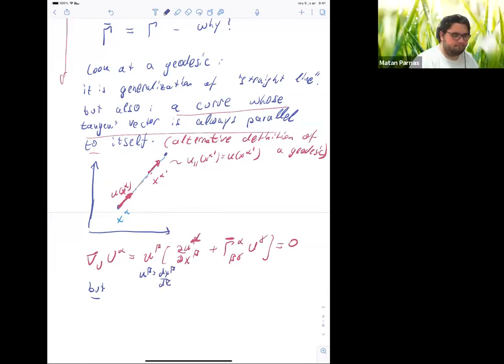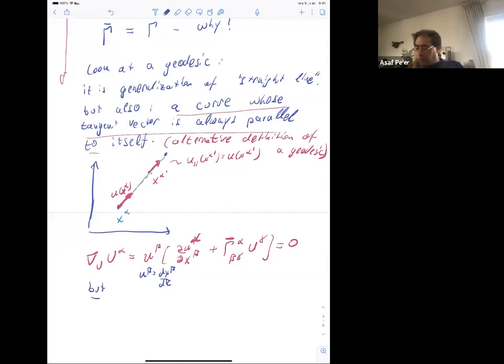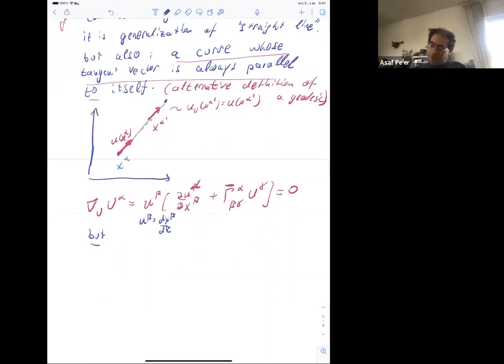I see, thank you. Okay, but what do we know about the vector u? What equation must it fulfill? Geodesic equation, right? U fulfills the geodesic equation.